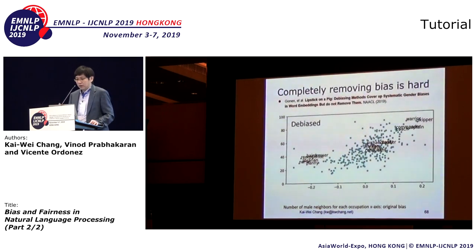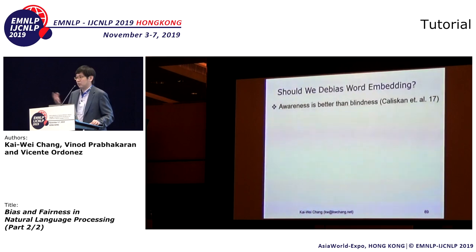So that comes to the question: is it even possible to remove all this gender information from the embedding space? Or do we really want to do that? When humans deal with bias, we do not hide ourselves from these issues.